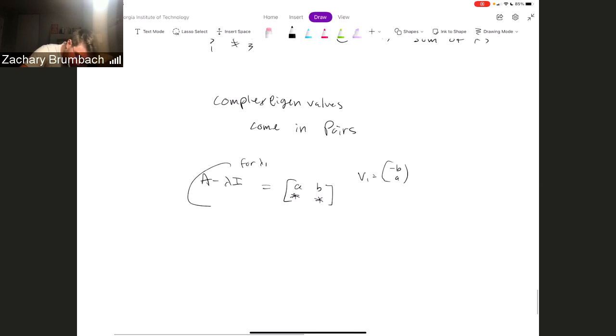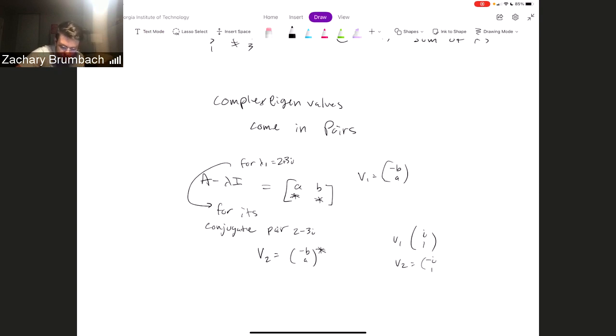And for its conjugate pair, if this is 3i, this is negative 3i. If it's 2 plus 3i, it's 2 minus 3i down here. V2 is the complex conjugate of that. That's what this big star means, complex conjugate. So if you have an i1 for V1, that means V2 is negative i1.